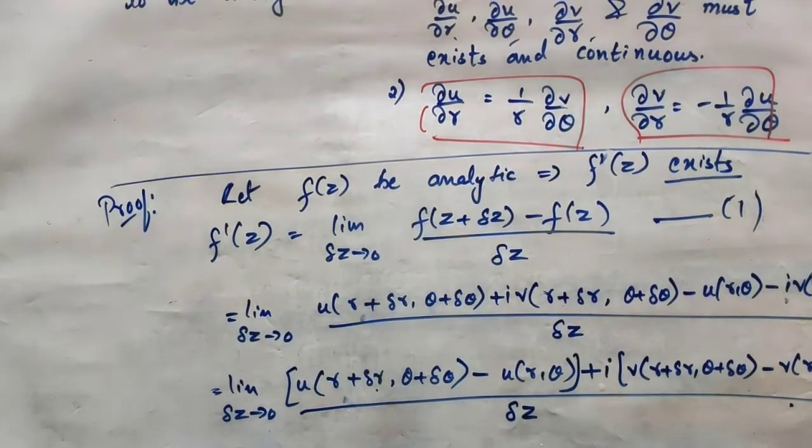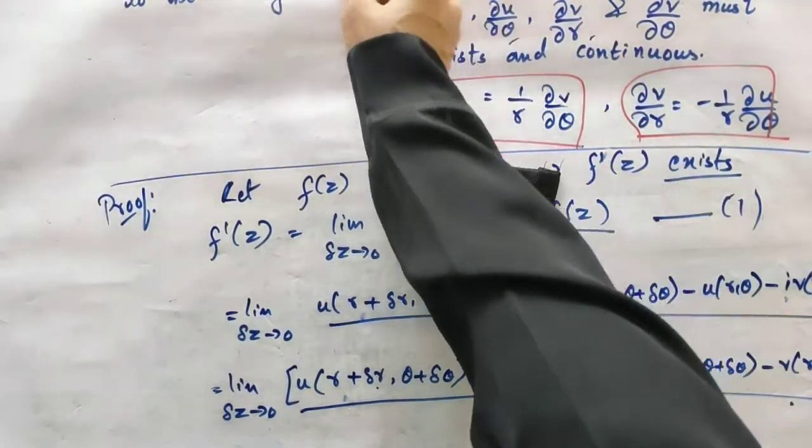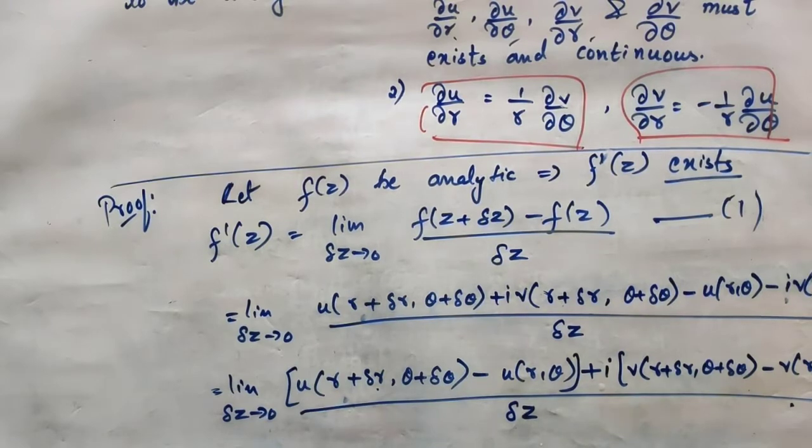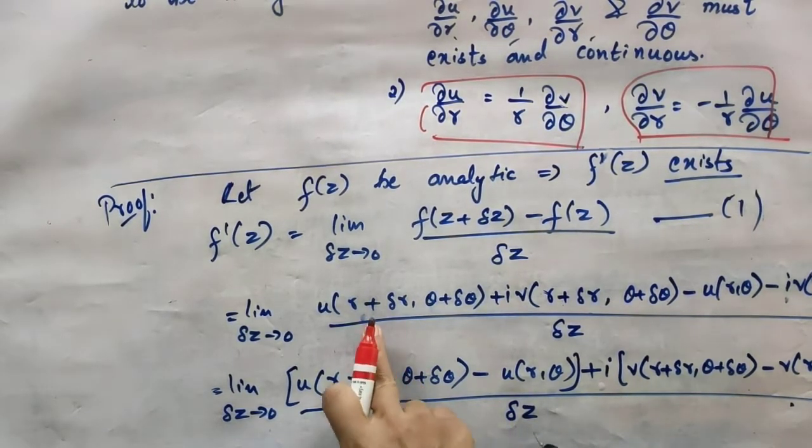Since the function has been defined with the help of u and v, we write u(r + δr, θ + δθ), because a change in δr and δθ brings a change in δz.